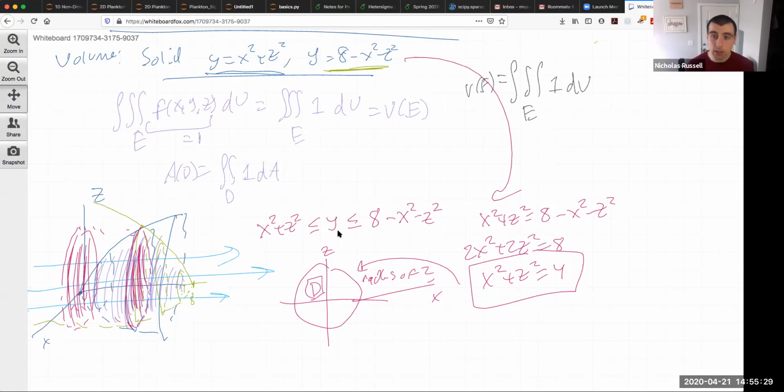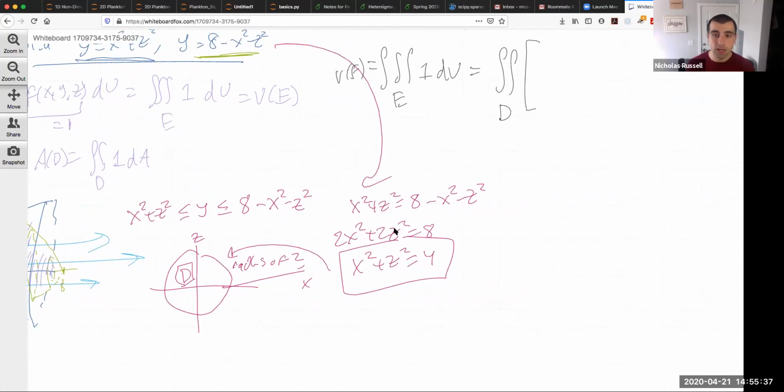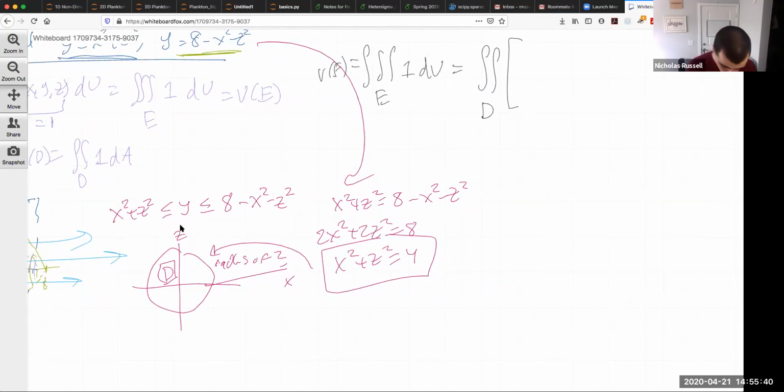The volume of E here is now going to be equal to the double integral over my region D, but I'm going to first integrate from x squared plus z squared to 8 minus x squared minus z squared, my y integral here. This is still a 1 dy, and this is now a dA.